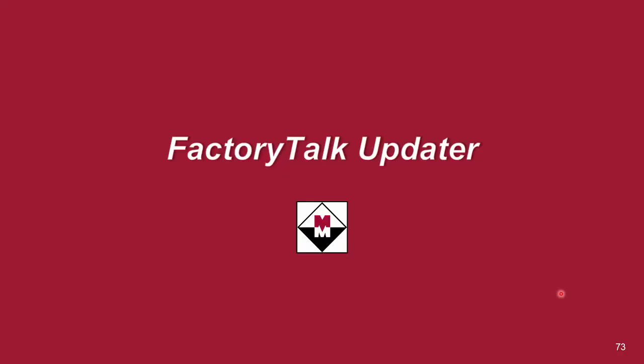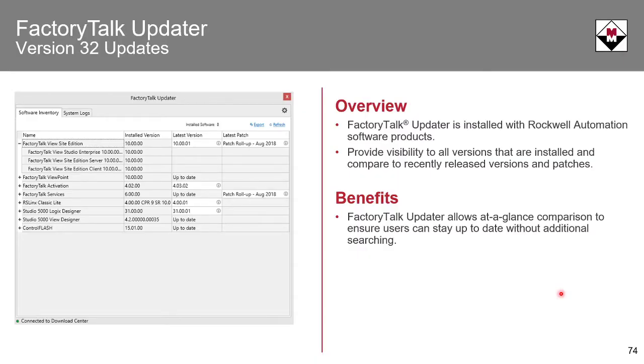And then one more thing I'd like to talk about is FactoryTalk Updater. With version 32 of Logix Designer, this FactoryTalk Updater tool gets automatically installed. What's nice about this is when you bring up this FactoryTalk Updater, it shows you all of the Rockwell Automation software products that are installed on your laptop.